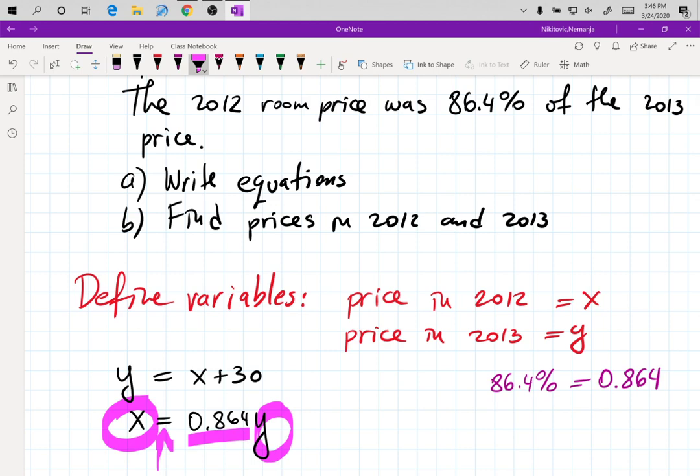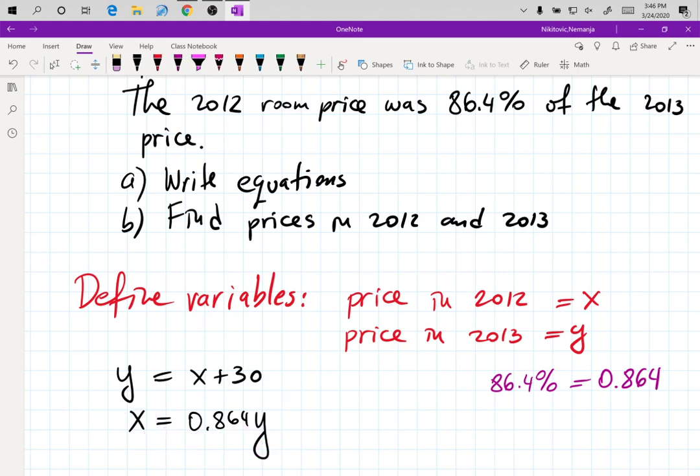These are translated directly. If you know all of the mathematical symbols and you define your variables, you're just going to go literally word by word and translate the English statement into a mathematical statement, which is an equation. So that's all we do.